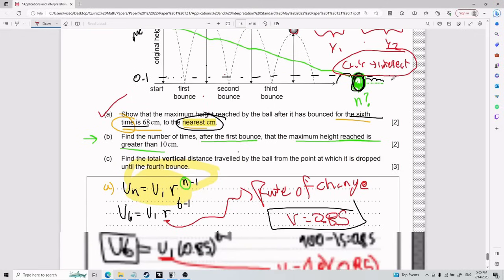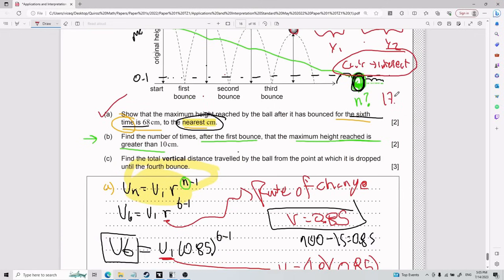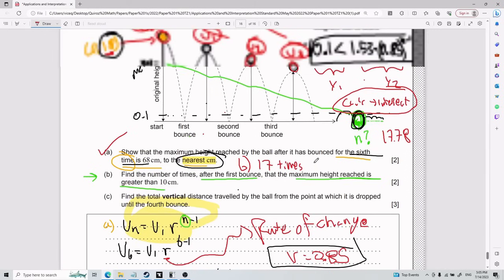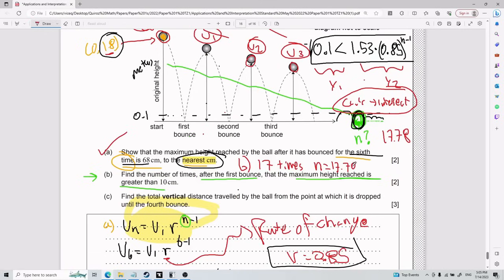You can say that you got 17.78, and that means that for part B, it happens 17 times. In fact, you can pretty much write that n had to be 17.8 or 17.78, and you are good to go.